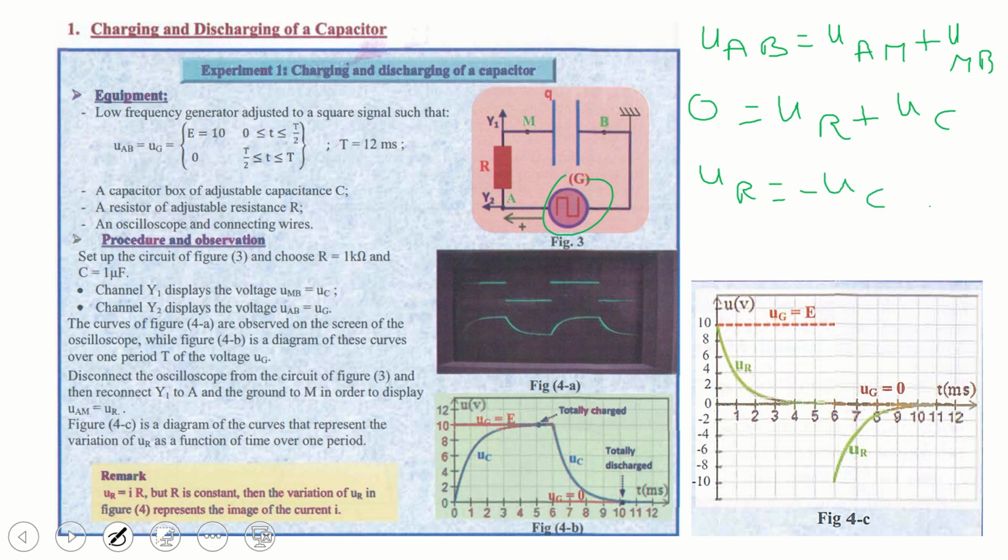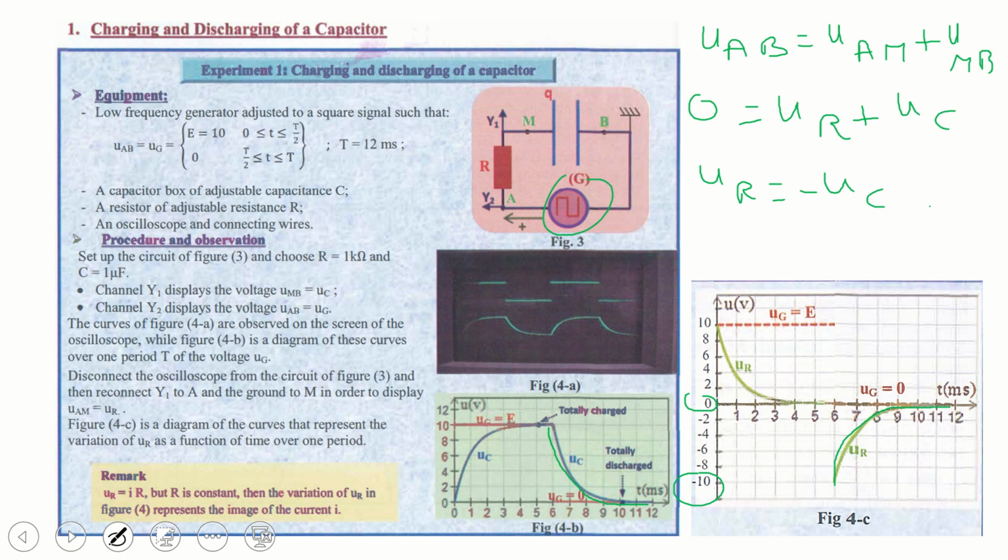Then as UC decreases, UR will be decreasing in value as an intensity or an absolute value, but in the opposite direction. So not from 10 till 0, from minus 10 till 0, like this.